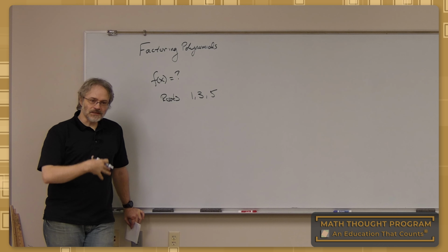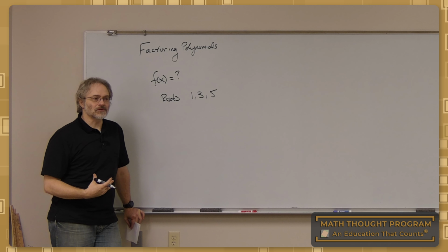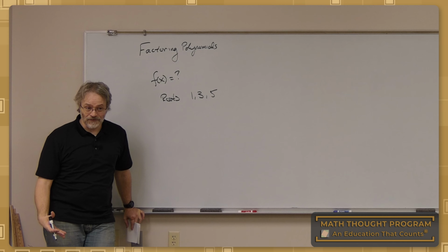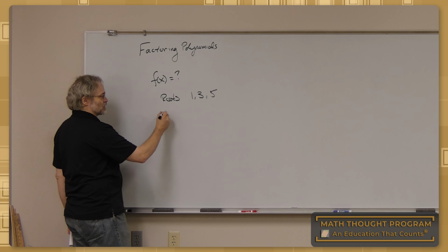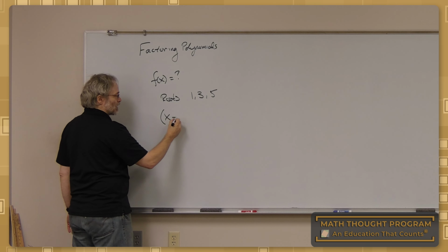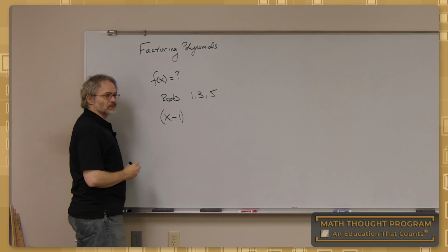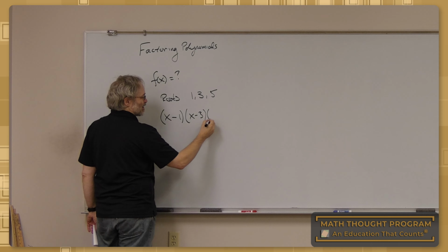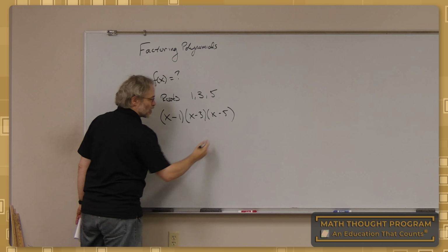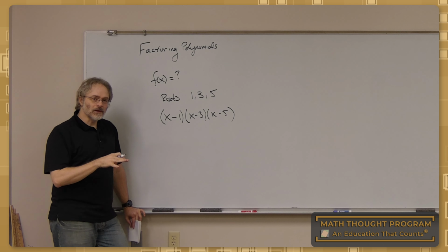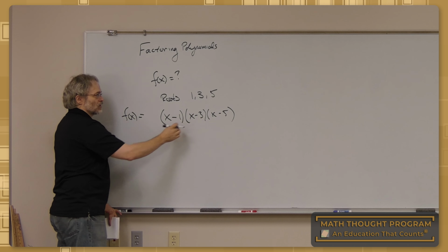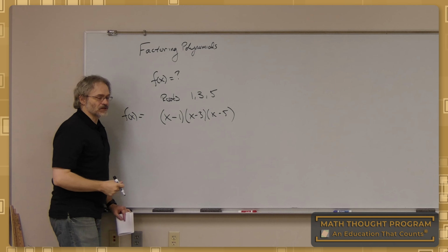Well, I know the secret of how to factor a polynomial. Doesn't matter if it's Monday or Friday, it does not matter. The way that it's going to factor is x minus the root. So I'm going to have x minus 1, x minus 3, x minus 5. That right there will be a polynomial which will satisfy the condition so that 1, 3, and 5 are roots.